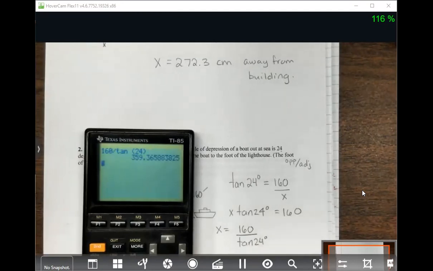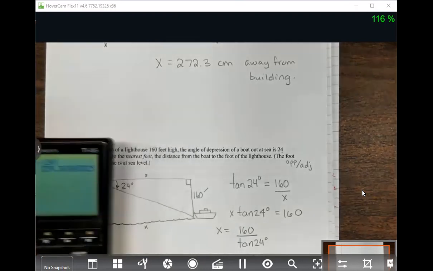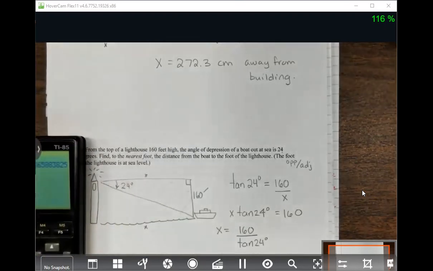To the nearest tenth would be 359.4 feet. So the boat to the lighthouse is 359.4 feet.